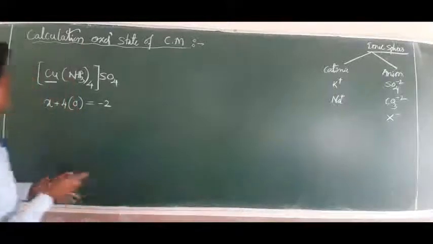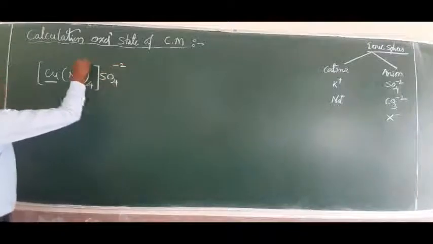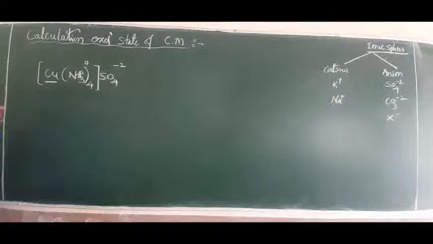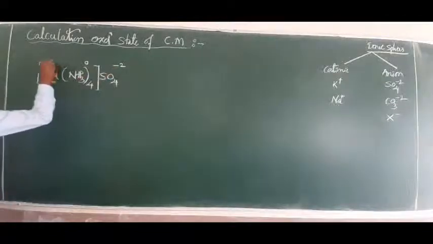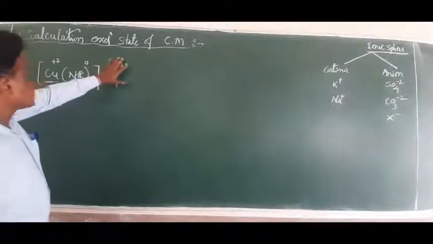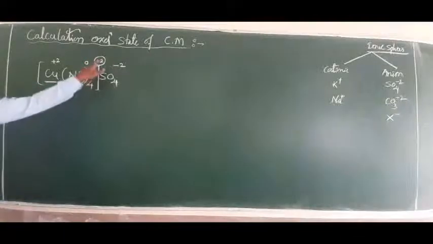Based on this, the whole charge of the complex is +2, and since the sulfate outside is -2, the net charge is 0. So the copper is +2.